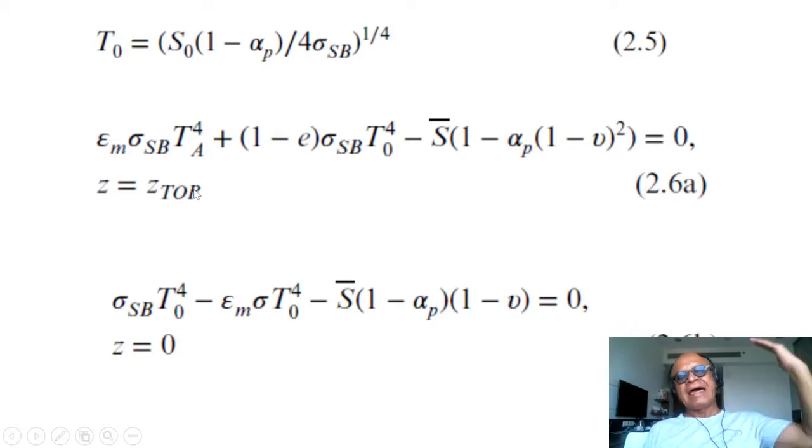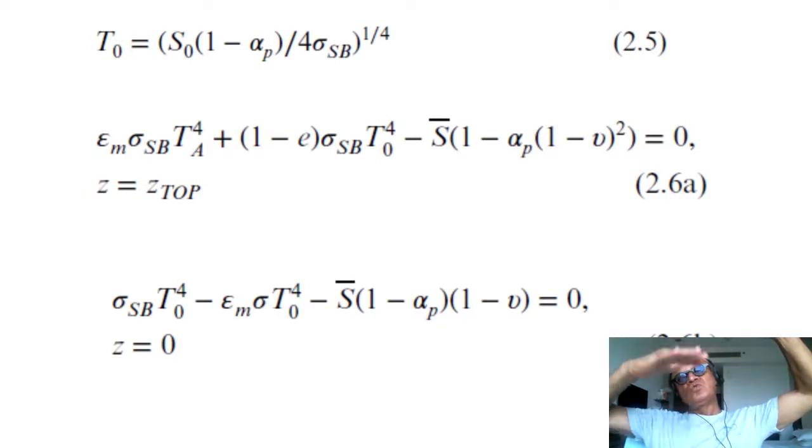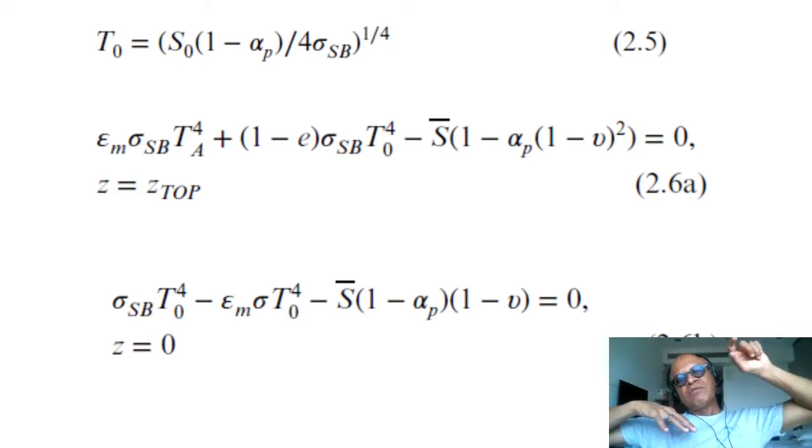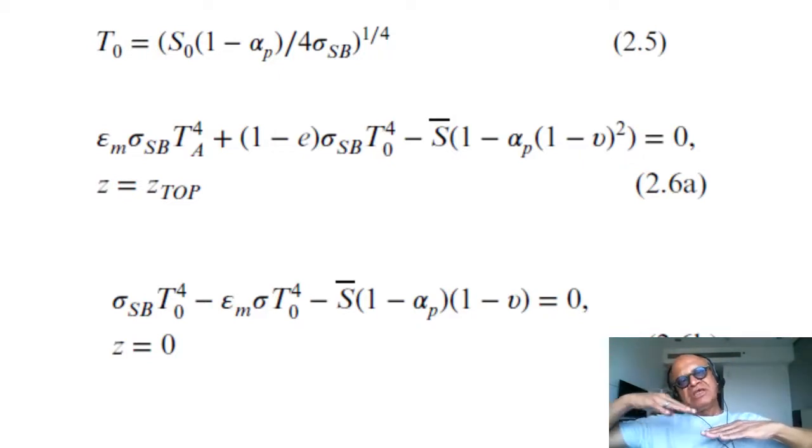So there is a balance that has to happen at the top of the atmosphere, which includes the energy balance of the outgoing longwave from the surface and the shortwave absorbed in the atmosphere. And there is a balance at the surface where it's receiving longwave from the atmosphere, emitting its longwave, and receiving shortwave through the atmosphere.